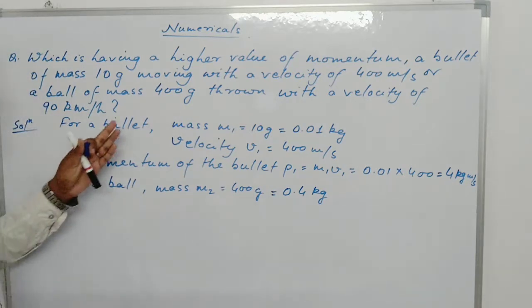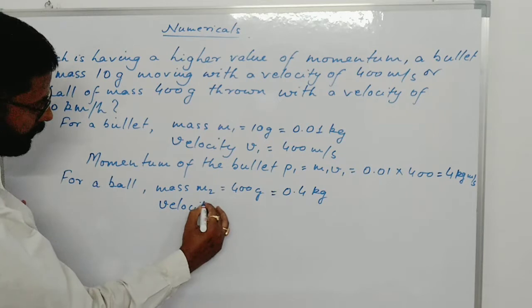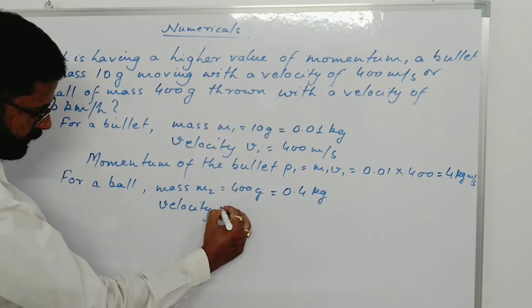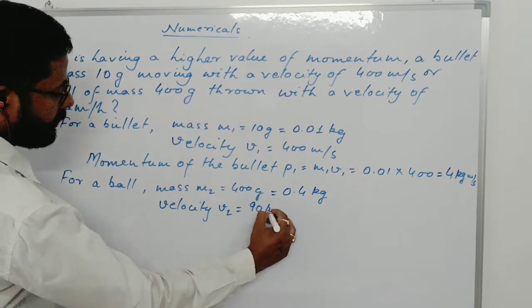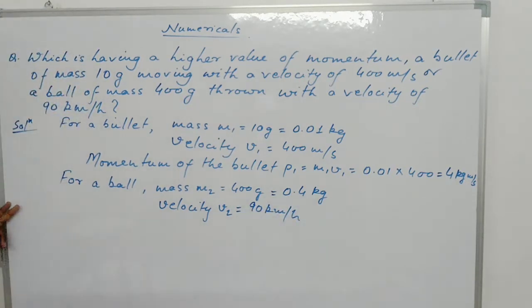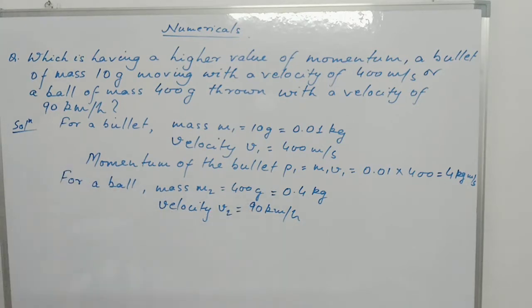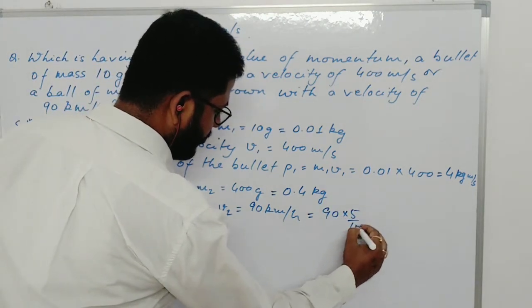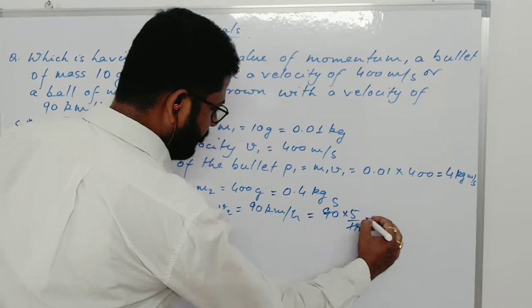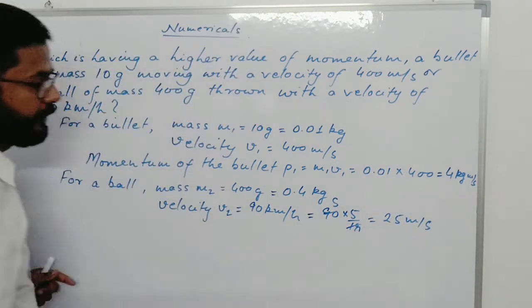The velocity of the ball, suppose v2, is 90 kilometer per hour. I already discussed how to change this into meter per second. You have to multiply by 5 by 18, and that is equal to 25 meter per second.